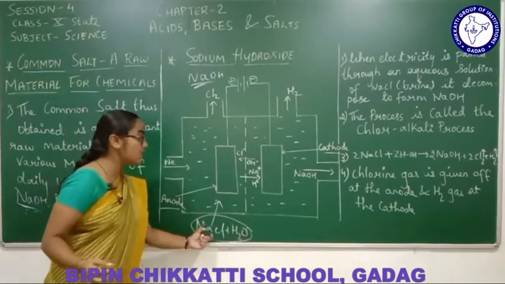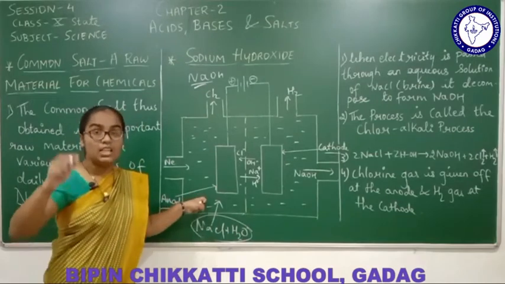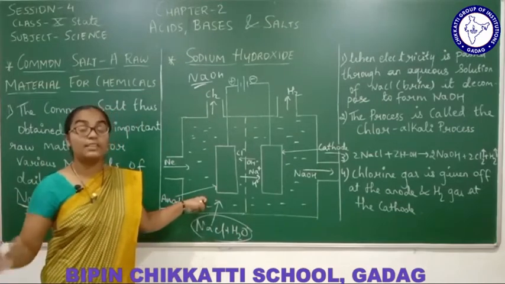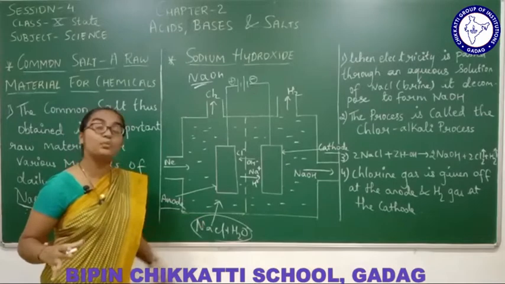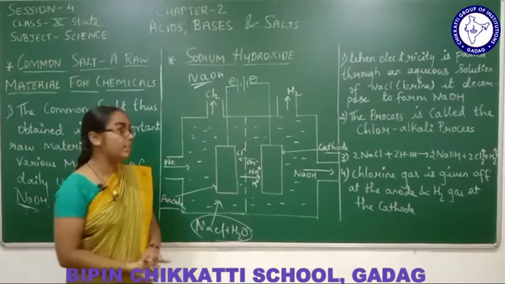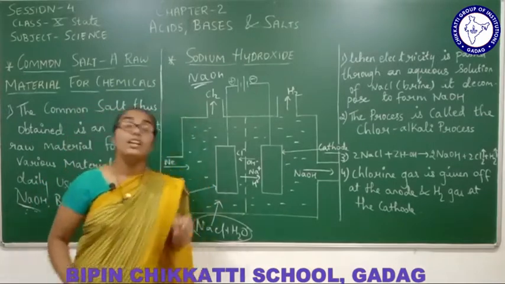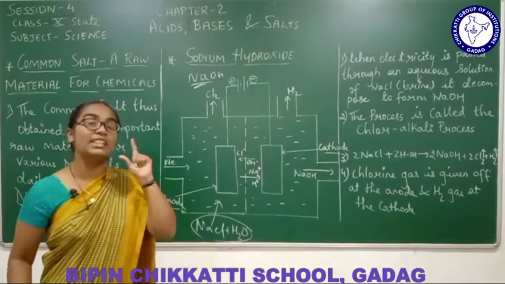Now when I add this NaCl solution into the electrolytic cell container, it is considered to be the electrolyte. So I repeat once again: the container is called the electrolytic cell.